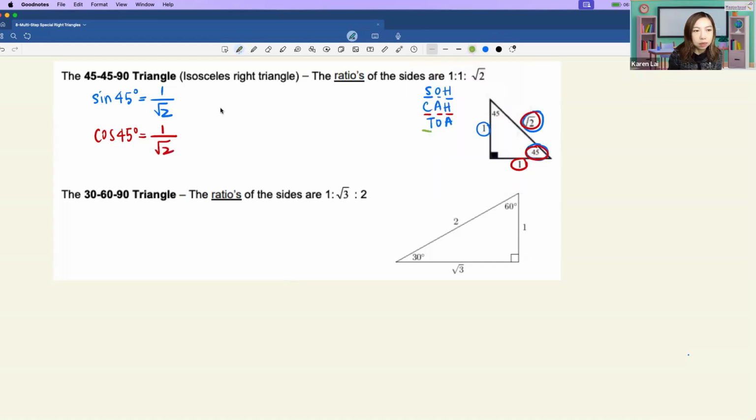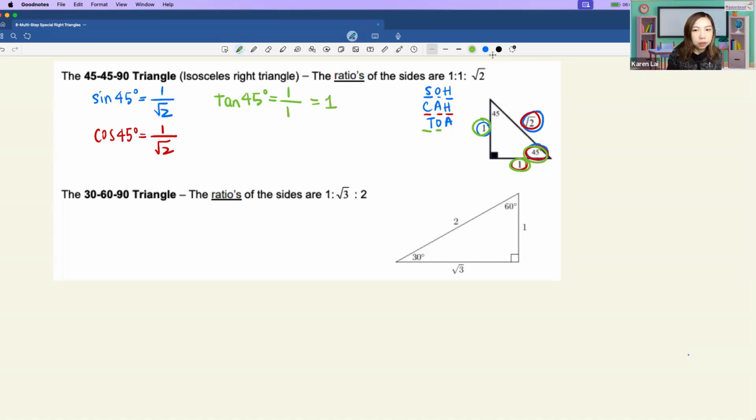TOA is tangent 45 degrees. Tangent 45 degrees, we have opposite, which is the one that is opposite of our angle, which is 1, and the one that's adjacent on the side of our angle, which is 1 as well. So tangent 45 is a neat 1.